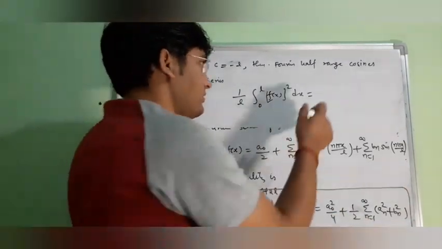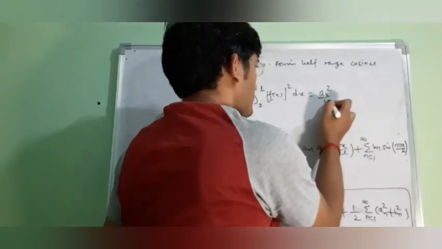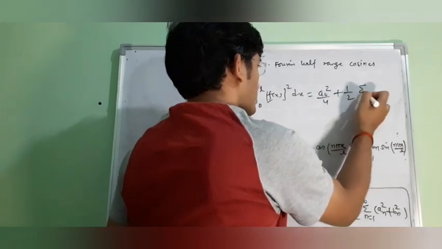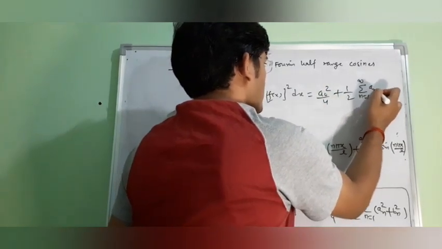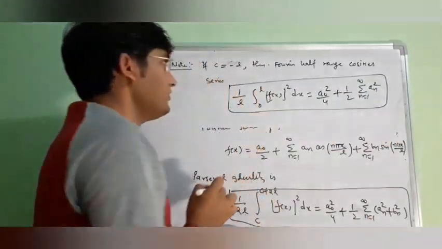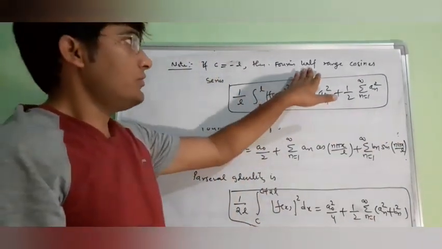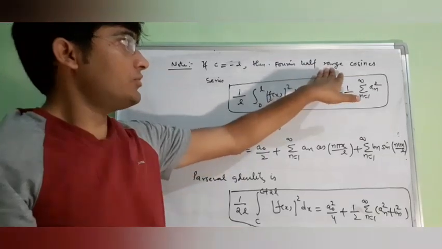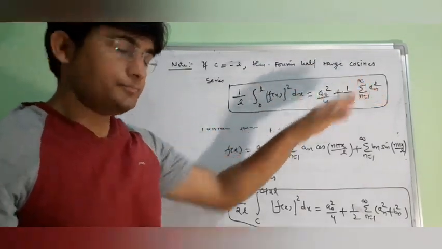So on the right hand side we will have a0 square by 4 plus half summation a_n square. So this will be your Parseval identity when we have to compute the Fourier half range cosine series.